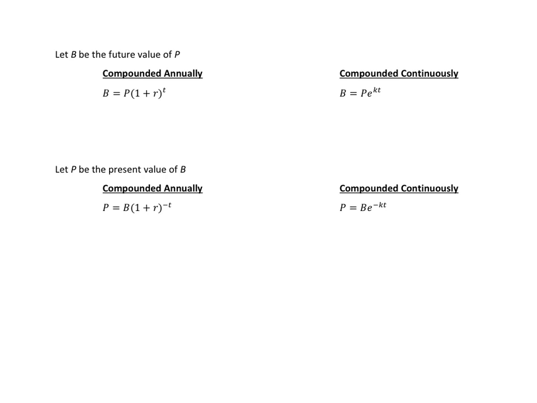So here are the formulas. If we want to figure out future value, depending on if it's compounded annually or continuously, we're going to use these first two formulas. So these allow us to find future values. The formulas below allow us to take some kind of future value and turn it into present value.